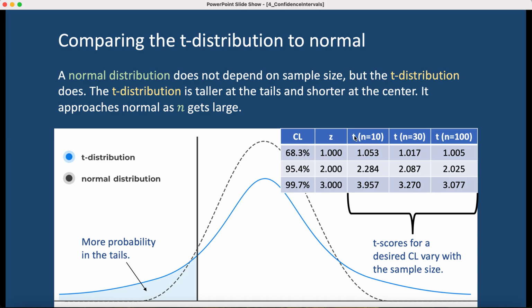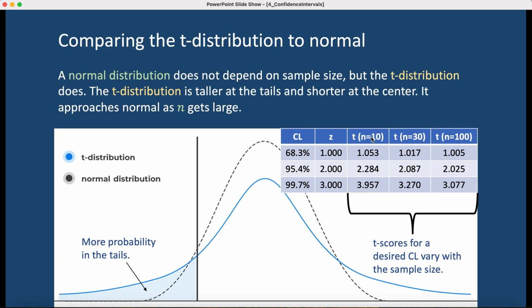Well, the t-scores, if you have a sample of 10, go to 1.053, 2.284, 3.957. So for the 68% level, it's about the same. It gets a little bit more significant as we go to 95 or 99.7. So we're basically using a 4 instead of a 3.